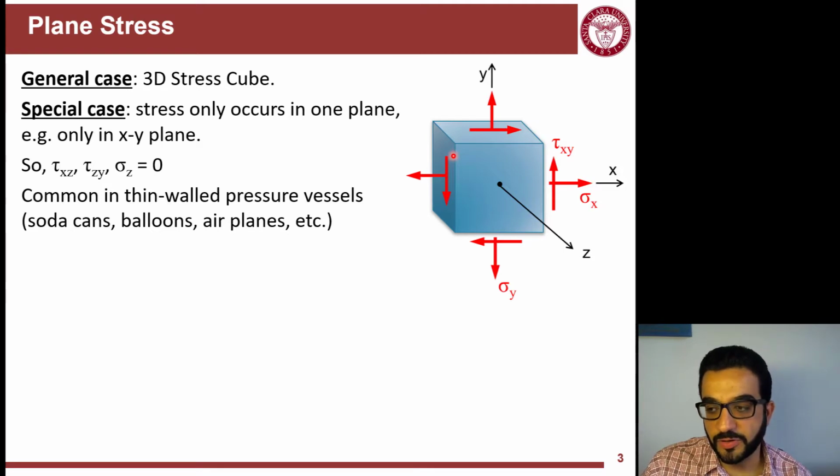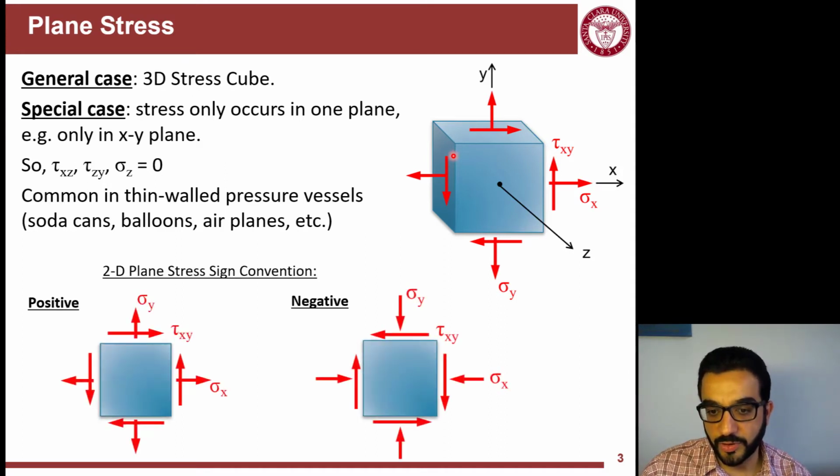So no actions happen in the Z direction, so sigma Z is equal to 0. And also the shear stresses in the YZ plane or the XZ plane are ignored. So tau XZ, tau ZY are equal to 0. And that's the case when we analyze beams in their own plane, or also in thin-walled pressure vessels. So you have only 2D stresses on the surface of these vessels. So it's very common to do only a 2D state of stresses.